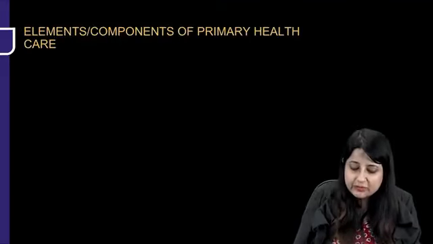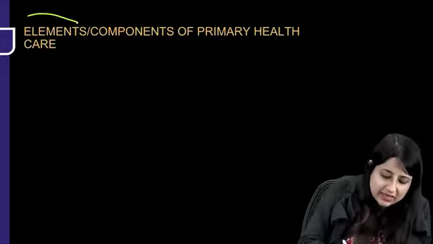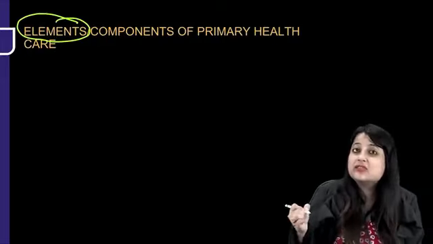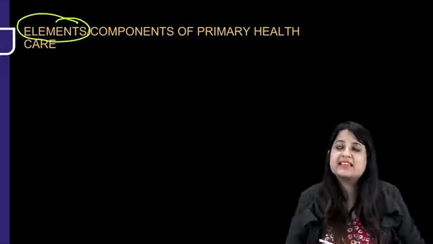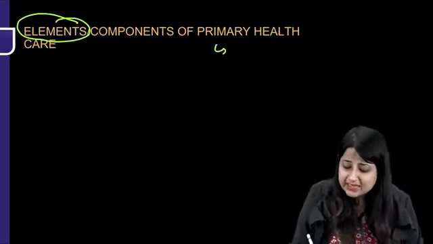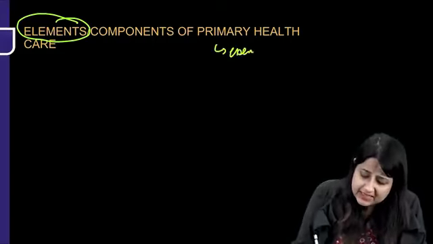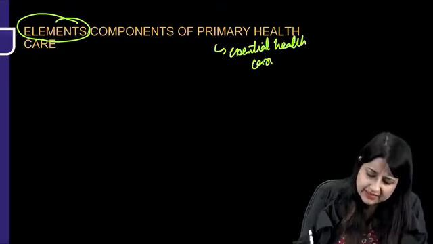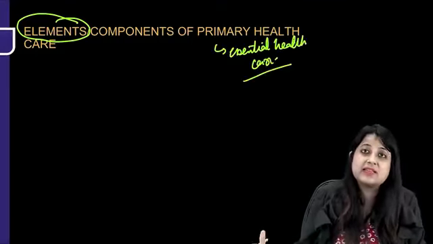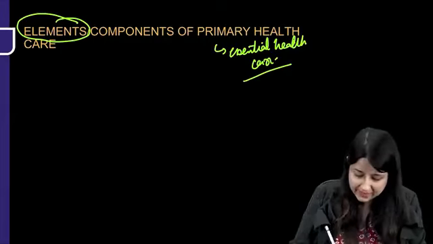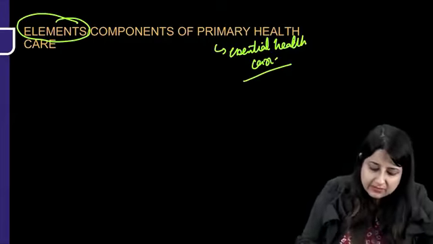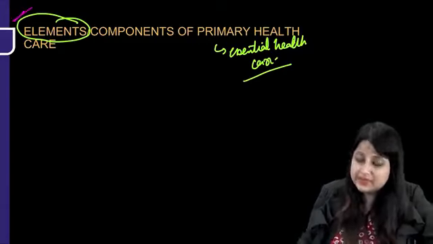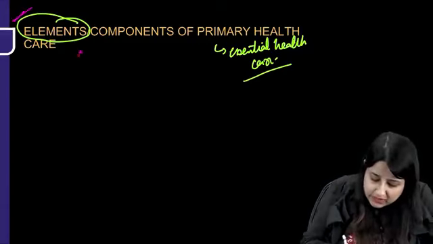Then the concept of primary healthcare relies on elements. It consists of different elements. Like I said, primary healthcare is essential healthcare. So what are these essential healthcare or basic healthcare services that are being offered? You can make that out from this word ELEMENT.